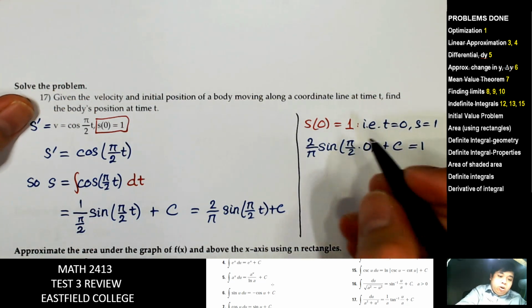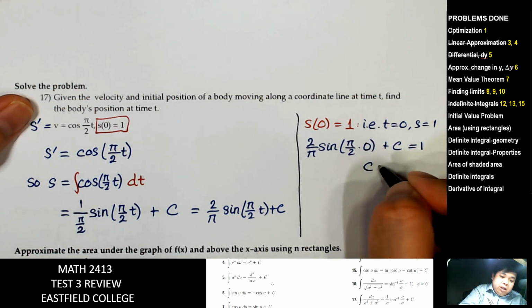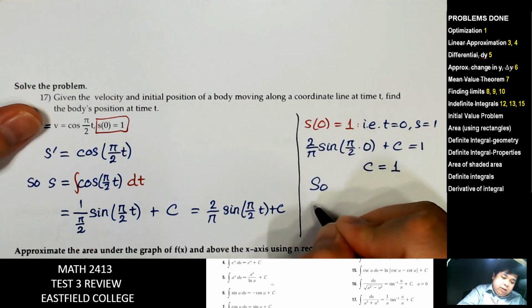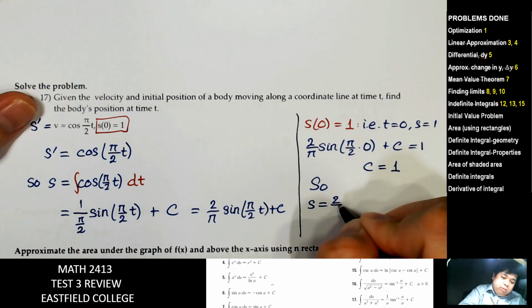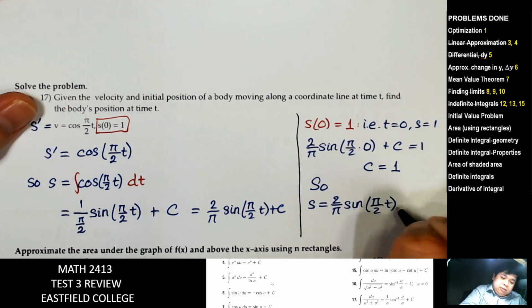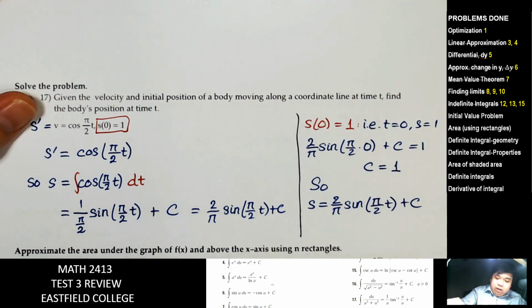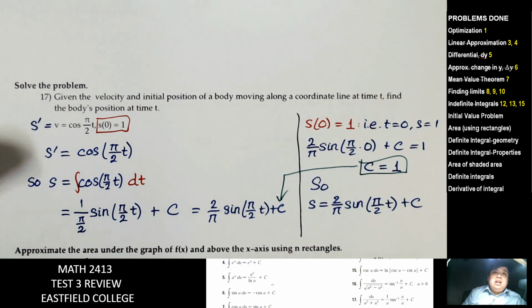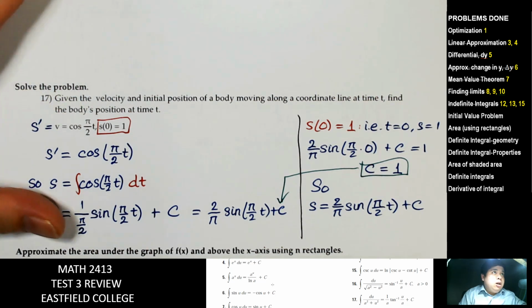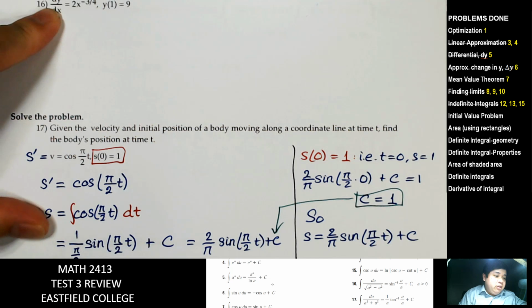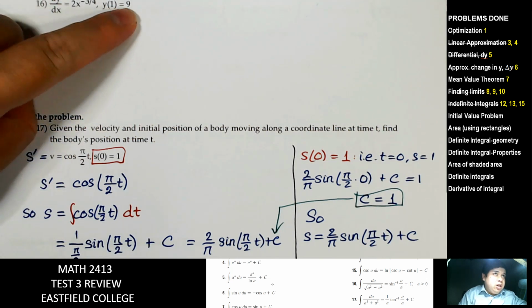Sine of 0 is 0, so that goes to 0, and we have c equal to 1. And so we have s equal to 2 over pi sine pi over 2 t plus 1. Because when c equal to 1, we can put it back in here to get a function. 16 would be similar. We do the integral to undo the derivative, and then at the end we use that condition to find c.